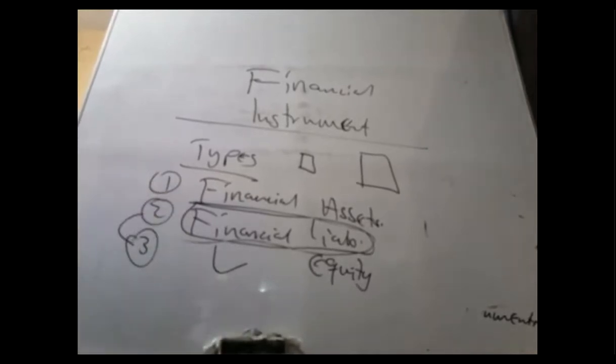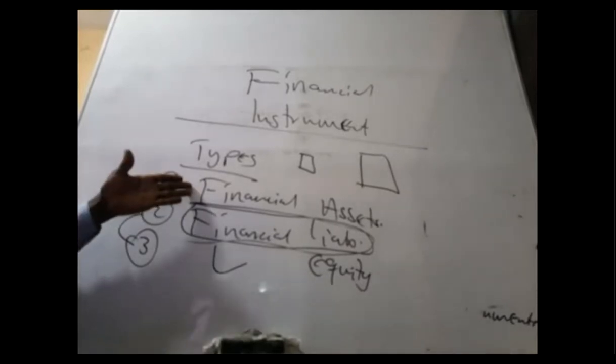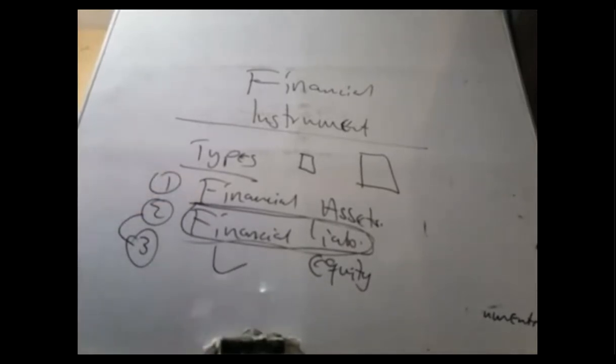I'll go to financial liability. It's just the opposite. It's the obligation. You have an obligation to pay cash. Obligatory, not a promise, or I'll pay you in instalments. No. It must be something that's binding on you. Or you enter into an exchange transaction, exchange assets.